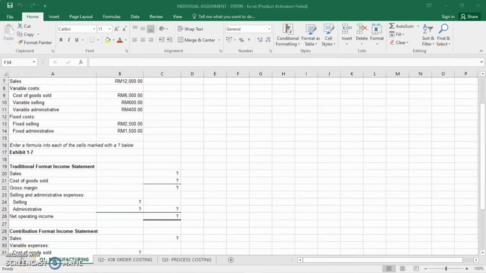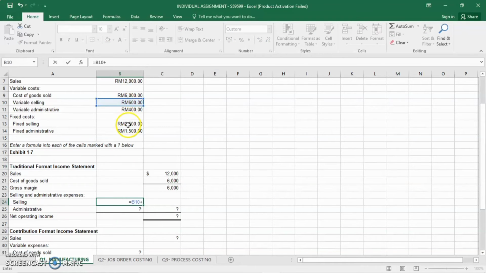For question 1, manufacturing, net income using traditional format: sales 12,000 minus cost of goods sold 6,000 and get gross margin 6,000. The total selling expenses, variable selling plus fixed selling.